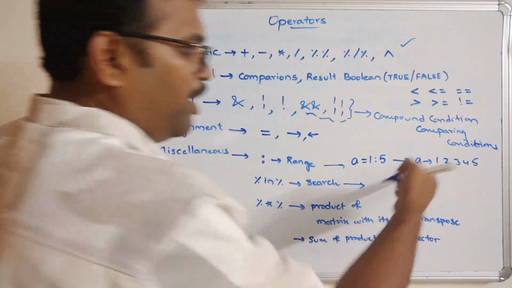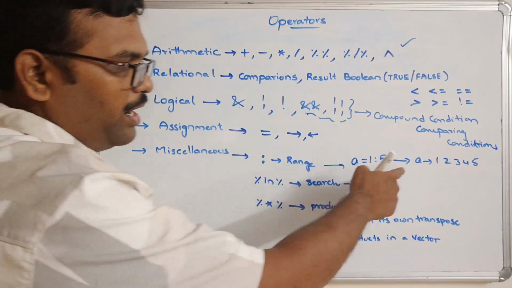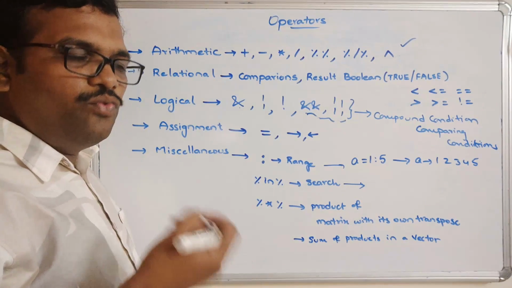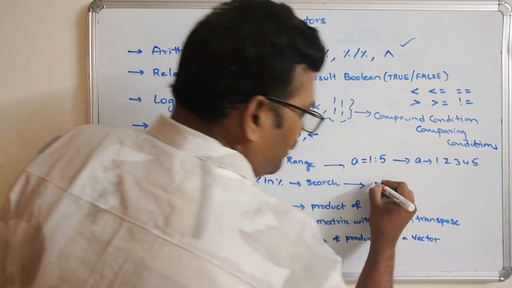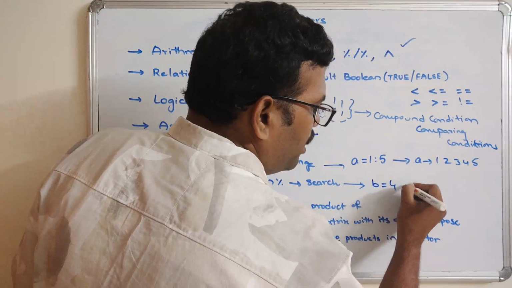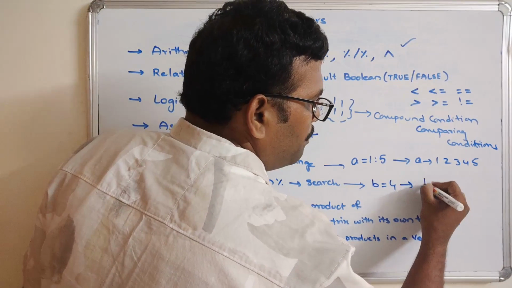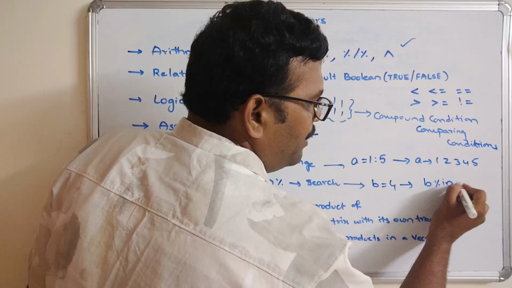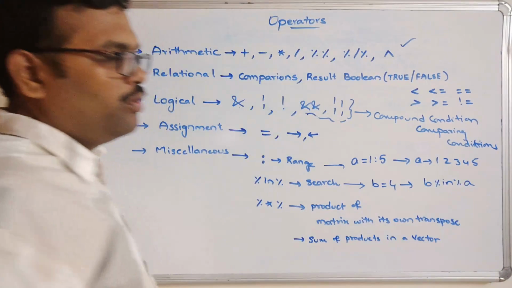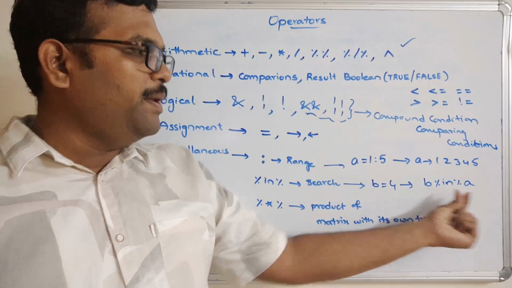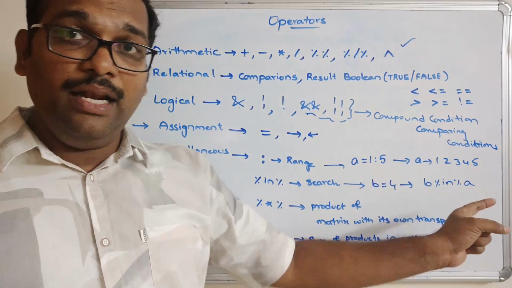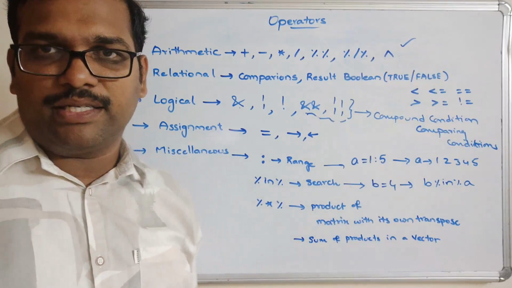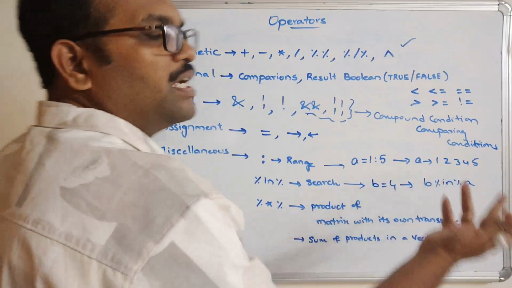Search: if you are using this particular range, we can search whether any variable is available in that range or not. For example, if b is equal to 4, you can search b in a. If the b value is available in a, it will return true, otherwise it will return false. So again here the result is a Boolean result. So this is for search.